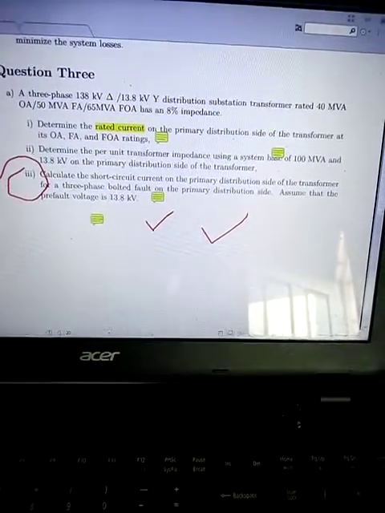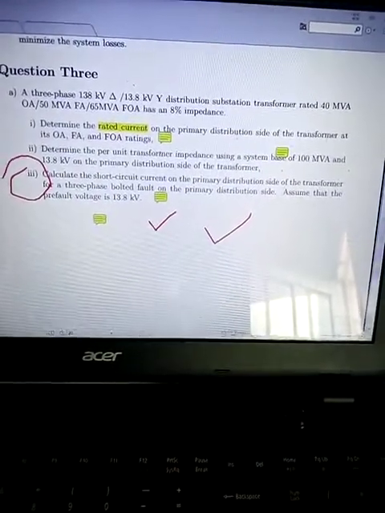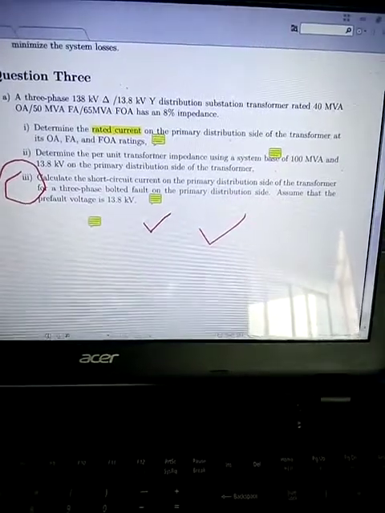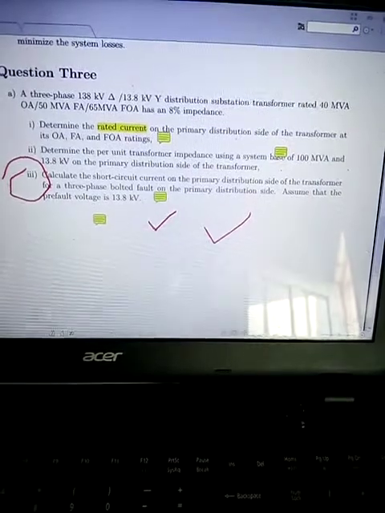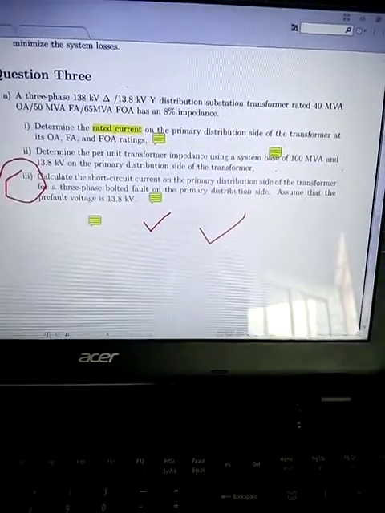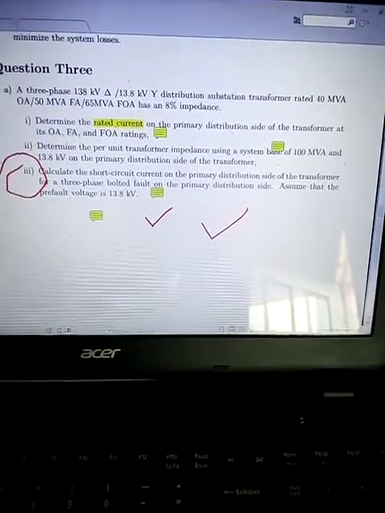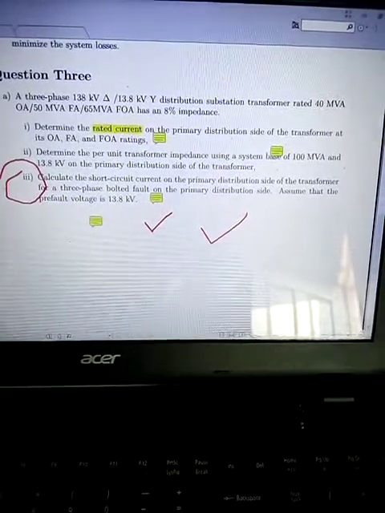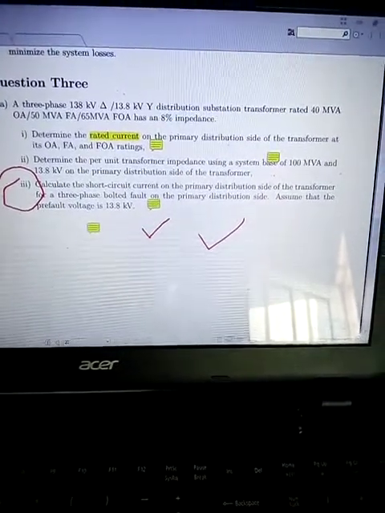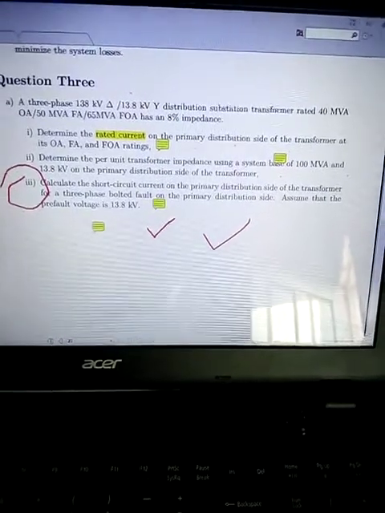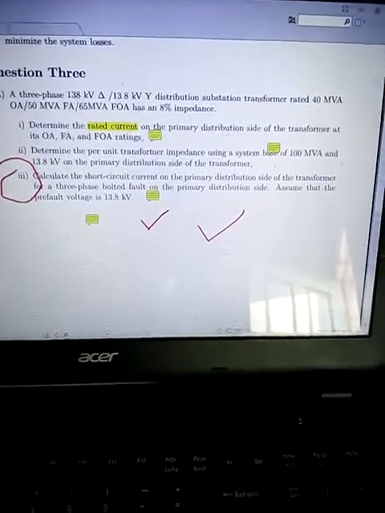The second part requires us to find the per unit impedance at a base of 100 MVA. And the third part asks us to calculate the short circuit current of the primary distribution side of the transformer for a 3-phase bolted fault. And it says assume the pre-fault voltage to be 13.8 kilovolts. So let's begin.